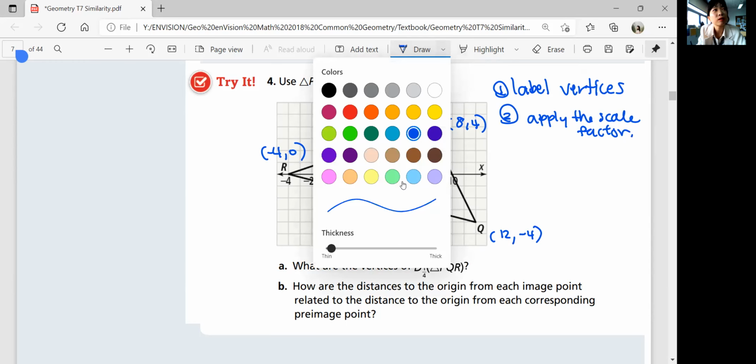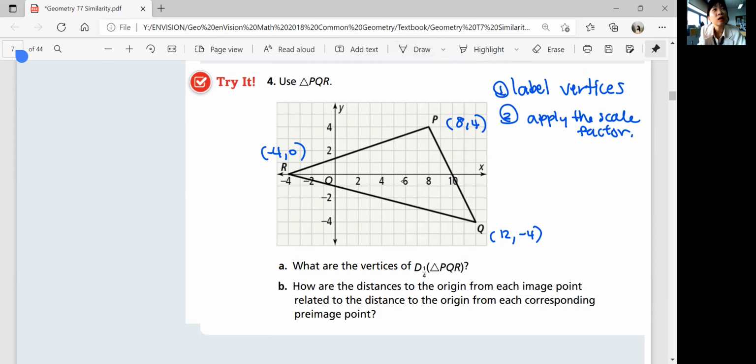So I'm going to use a different color. So if you use the scale factor of 1/4, you're going to multiply 1/4 into both x and y. So 8 divided by 4 is 2. 4 divided by 4 is 1. Okay? So that's P prime.